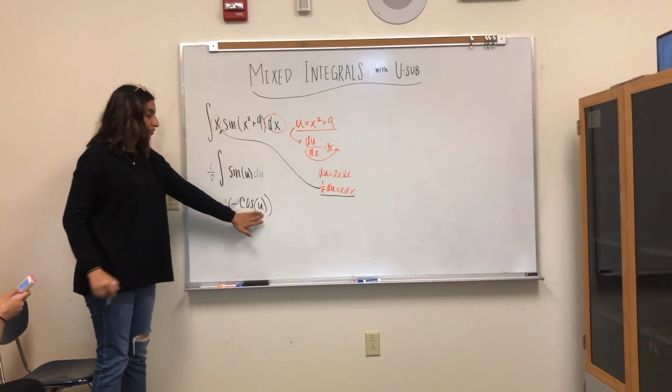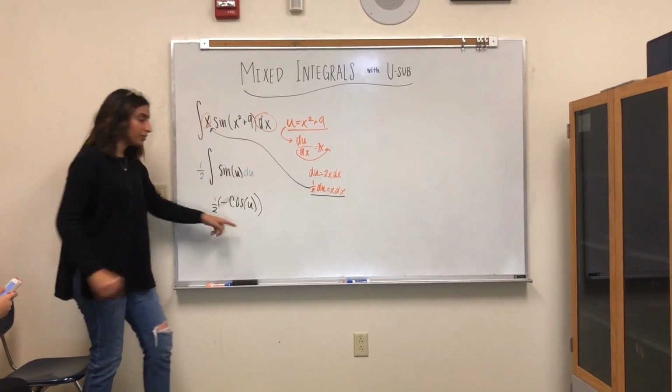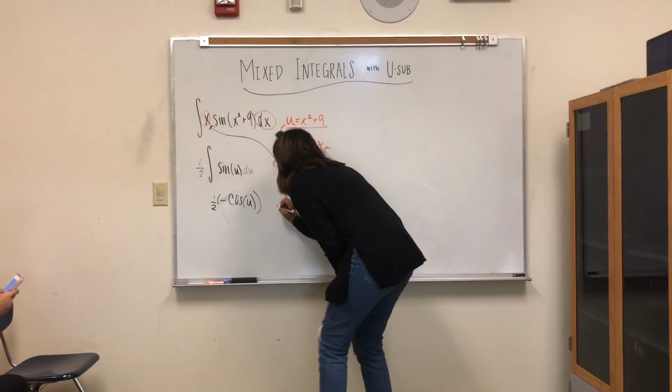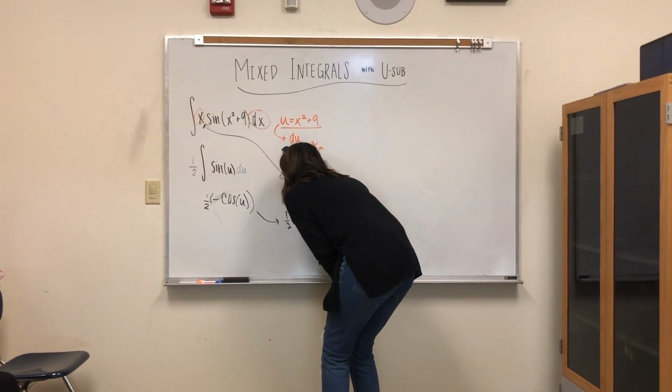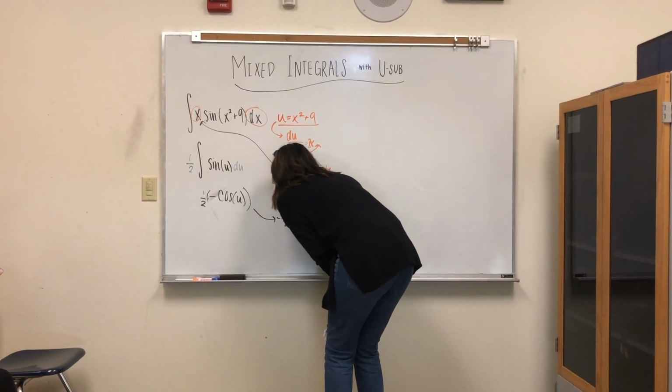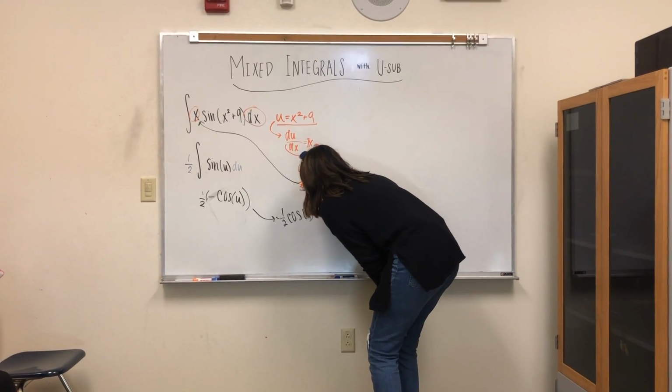It's important that you don't forget that you still have to plug what u equals back inside of here. So the final answer is going to be negative 1/2, sorry, cosine of x squared plus 9.